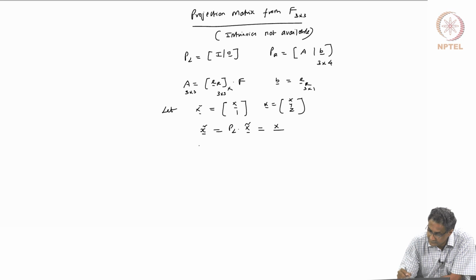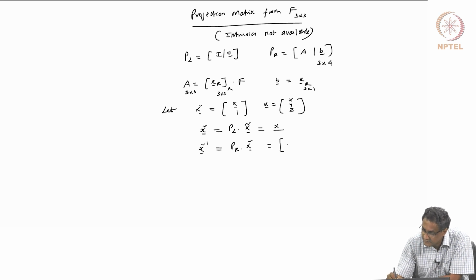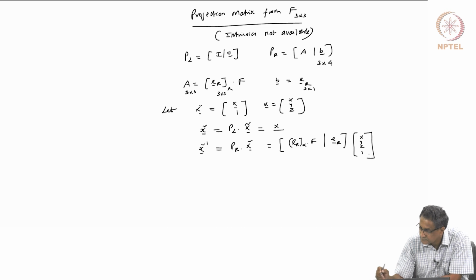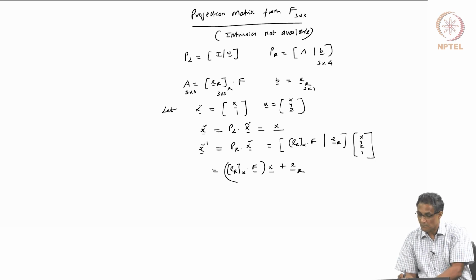And this x tilde dash is supposed to be PR acting on X tilde, but my choice of PR is of the form ER cross F, and then I have B, which is ER, and this I multiply with X tilde, which is X, Y, Z, 1. This we know can be written as ER cross F into X, plus ER.